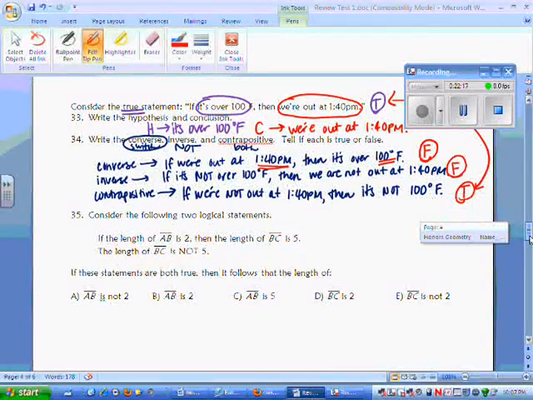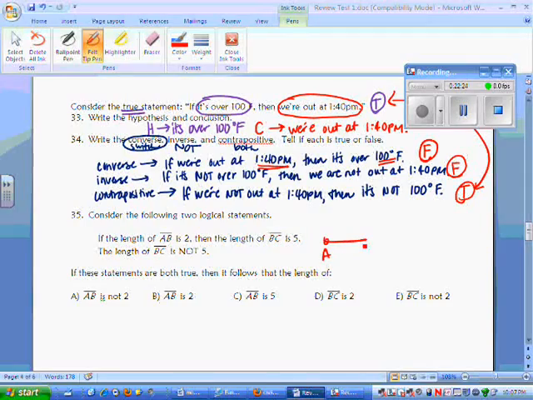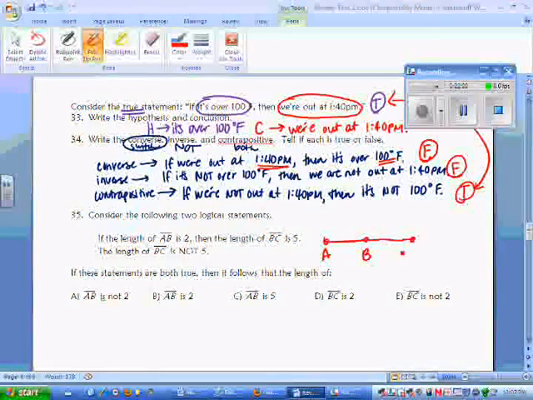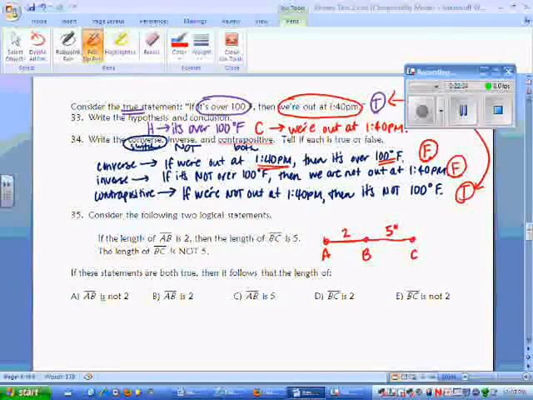Okay, 35. Consider the following two logical statements. If the length of AB is 2, I'm going to draw a picture. Then the length of BC is 5. So this is my original statement.